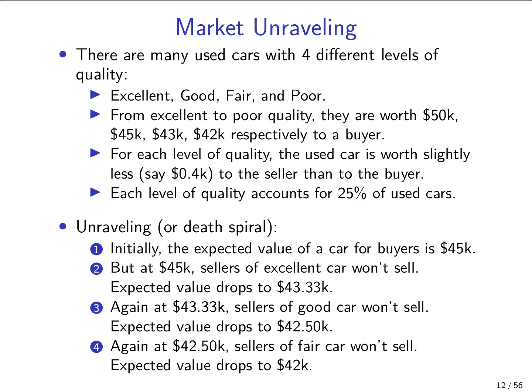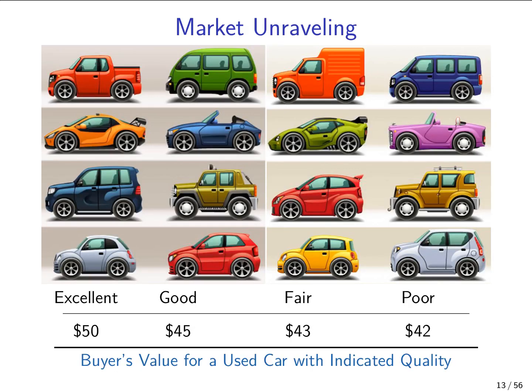More kinds of goods means more levels of quality in the used car market. So suppose that we have four different levels of quality: excellent, good, fair, and poor. For the excellent quality used car, the buyer is willing to pay $50,000.